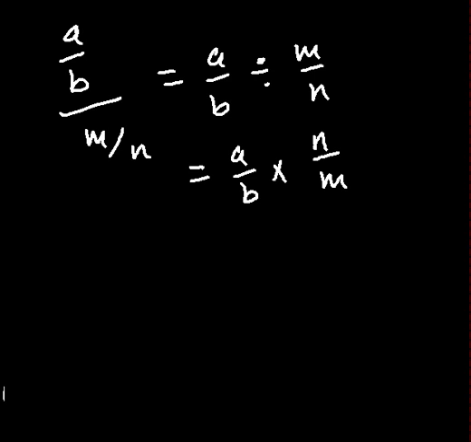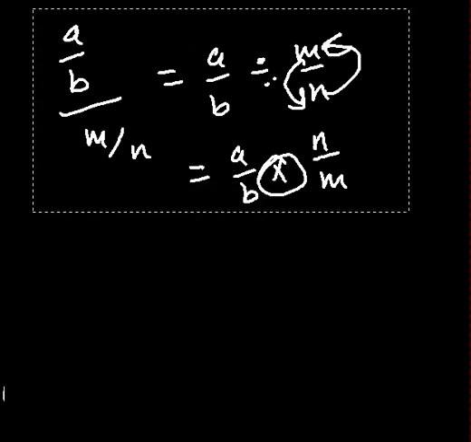In other words, whenever we are dividing fractions, the fraction to the right hand side of the division sign has to be interchanged, in the sense that the denominator has to be the numerator and the numerator has to be the denominator, and the sign has to change as well. That's the principle behind it.